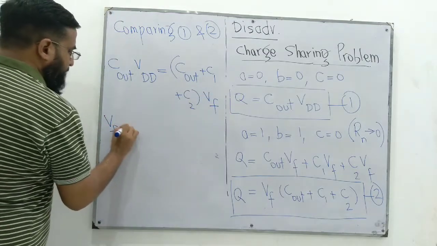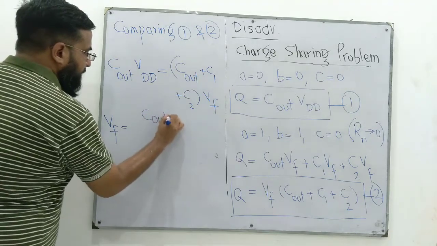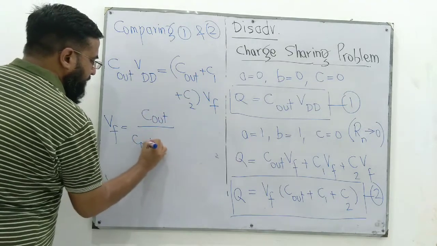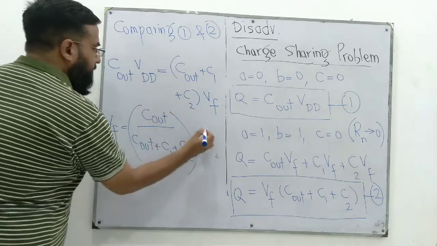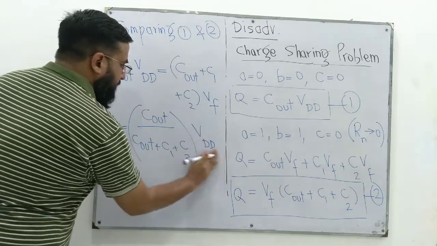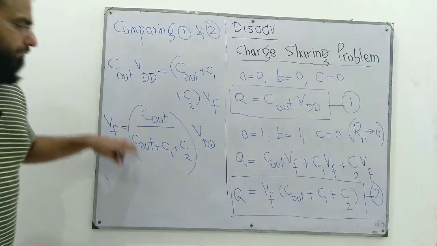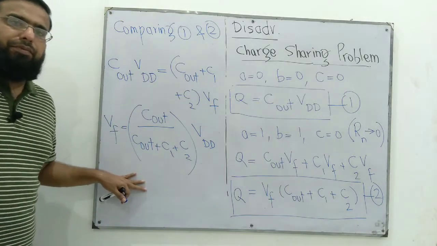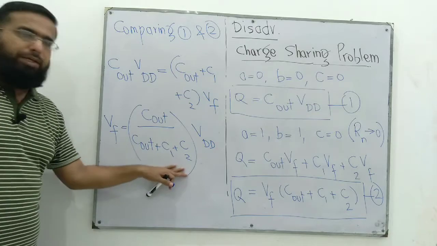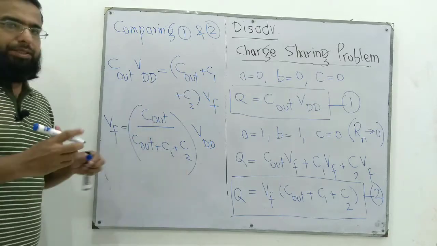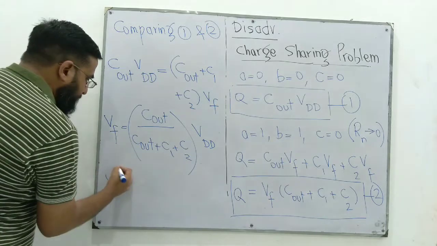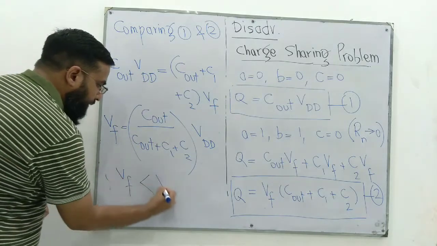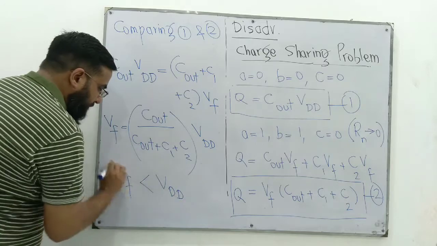So Vf comes out to be Cout over Cout plus C1 plus C2 times VDD. This fraction will always have a value lesser than 1 because the denominator is always greater than the numerator. So Vf is always lesser than VDD, which is quite logical.